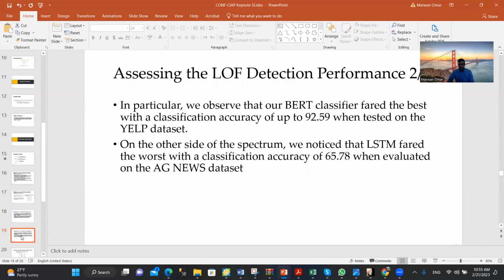So we noticed that the BERT classifier fared best with a classification accuracy of up to 92.59 when tested on the Yelp dataset. On the other side of the spectrum, we noticed that LSTM fared the worst with a classification accuracy of 65.78 when evaluated on the AG News dataset.